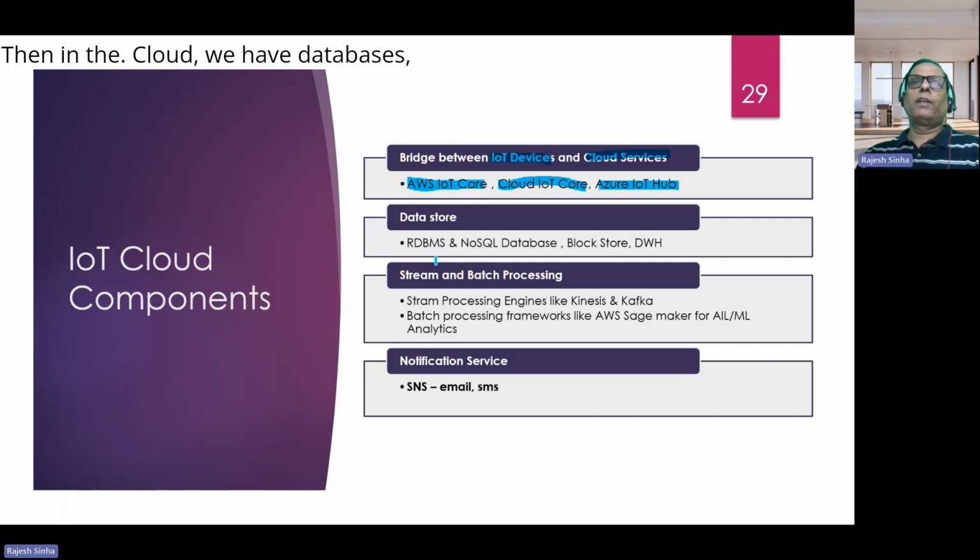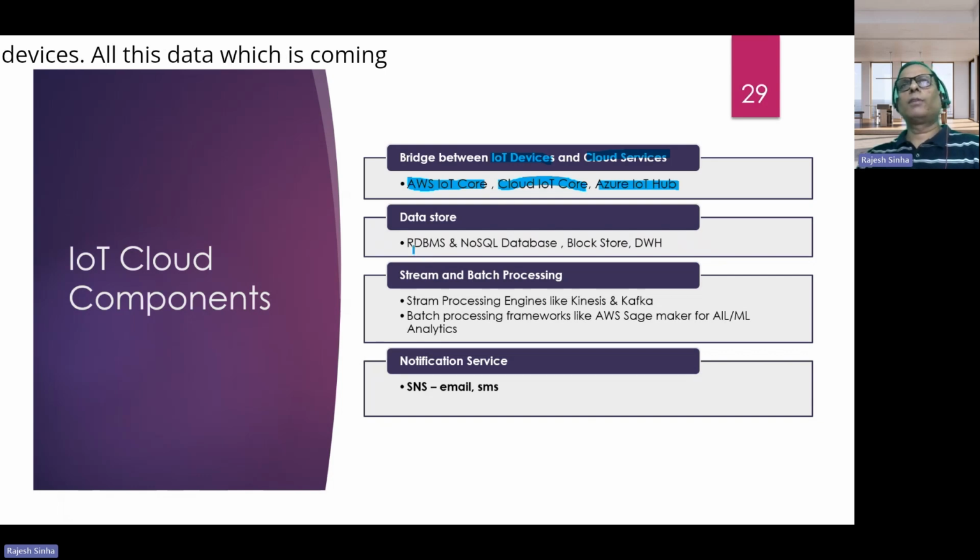Then in the cloud, we have databases, both RDBMS and NoSQL databases, which can be used to store the massive amount of data coming from the IoT devices. In real life, you can have thousands, millions of devices, and AWS IoT Core is very easily scalable to cater to millions of devices.